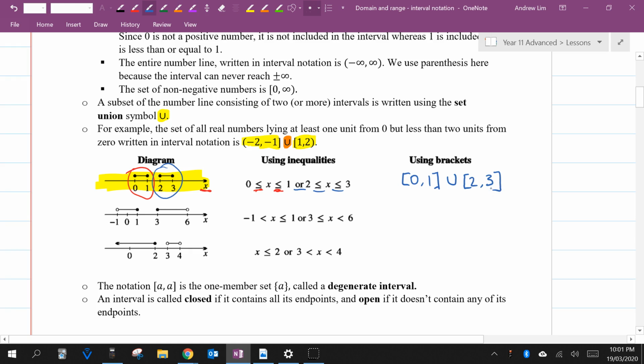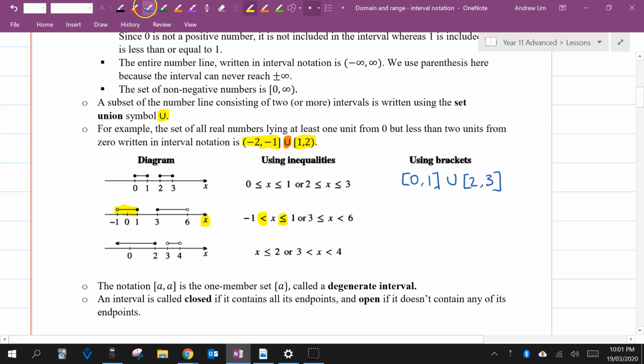Okay, let's have a look at the second example. Here we have x is between -1 and 1, but it doesn't include -1 because of the open circle, but it does include 1. That's why here the symbol is -1 is less than x, but it's less than or equal to 1.